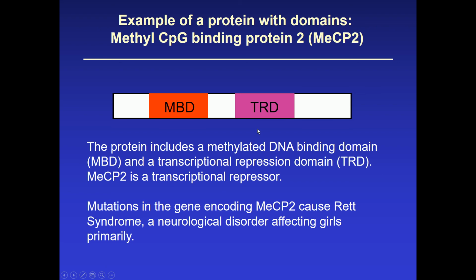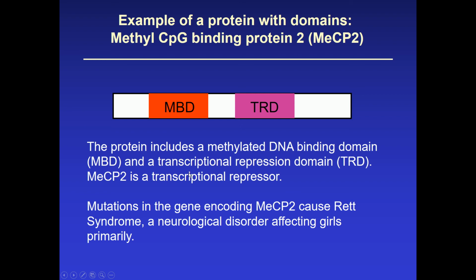What is the MBD domain? It is a methylated DNA binding domain. This is the part of the protein which is responsible for binding of this protein to the DNA. And this is the transcriptional repression domain. So this protein is basically a transcriptional repressor.